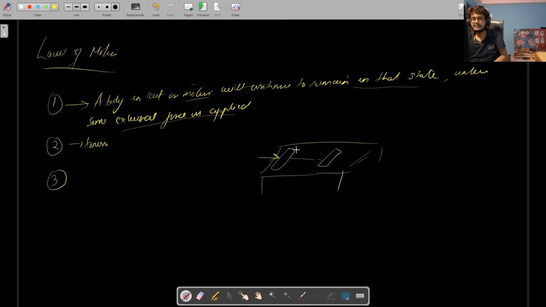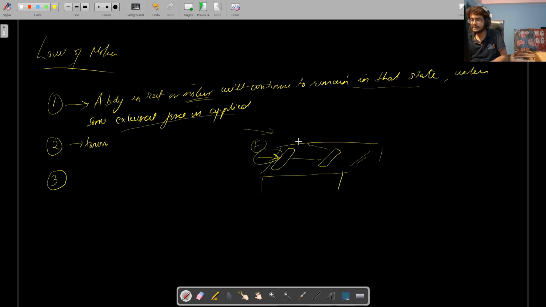Why is it coming to a state of rest? Because I just applied a force here. Why should it not be stopping? Because according to this law, a body in the state of motion will always remain in the state of motion unless I apply a force that will go against the motion. Only if I put my hand in front of the cylindrical thing that is rolling, only then will it stop. But here I'm not doing anything like that. I'm just applying a force this way, but still it is stopping.